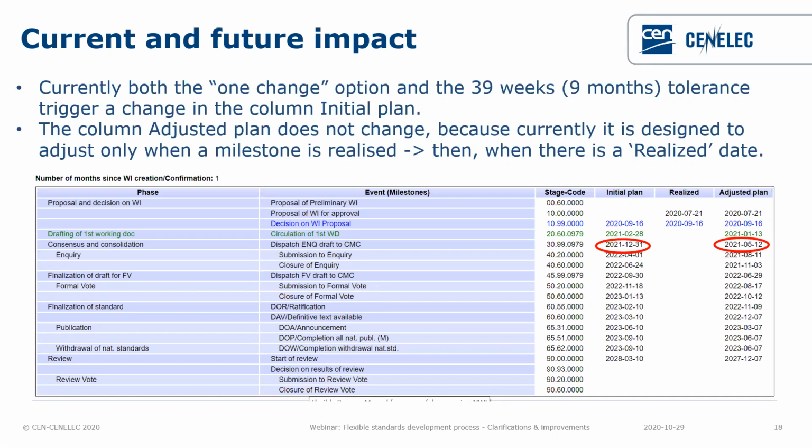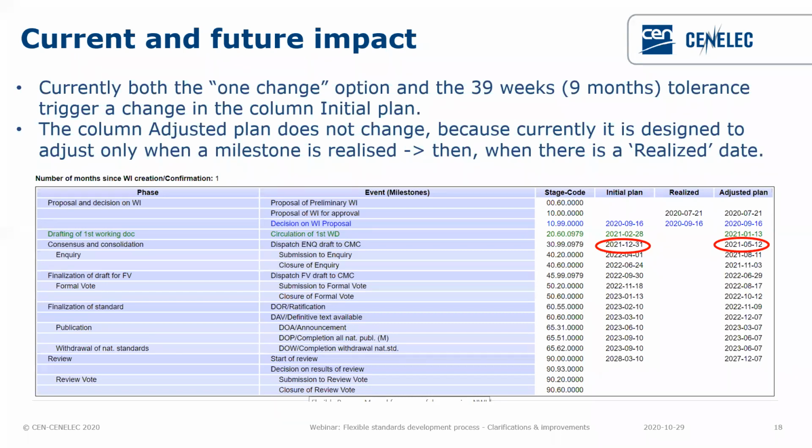It is that the alerts are currently linked to the initial plan. Therefore, if the tolerance was only reflected in the adjusted plan, the alerts that were linked to the initial plan would have started ringing. So this is where we are working with our IT department to solve this problem.